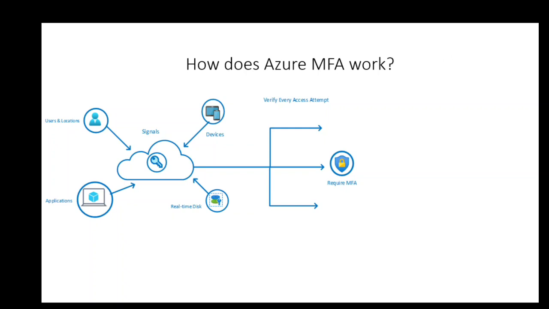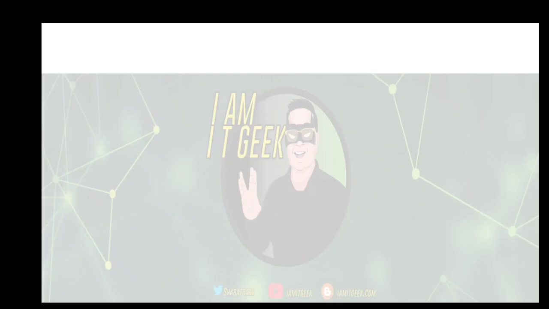If they make an unsuccessful attempt by putting in the wrong authentication method, they'll be blocked access and they won't be able to access the information they need. However, if they successfully verify, both forms of authentication will be successful, which means they can move on and access the applications and data within their tenancy.